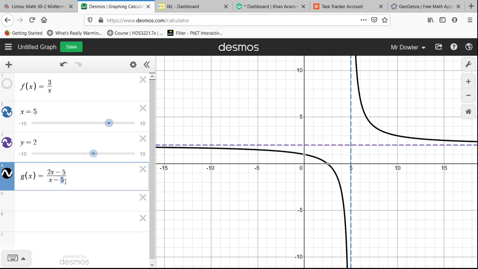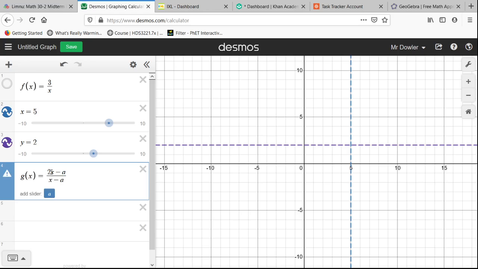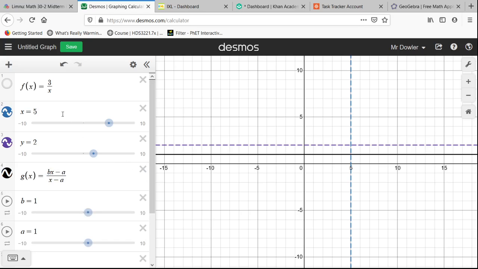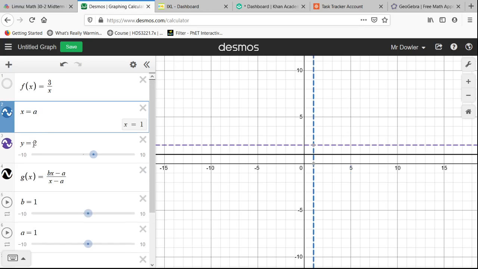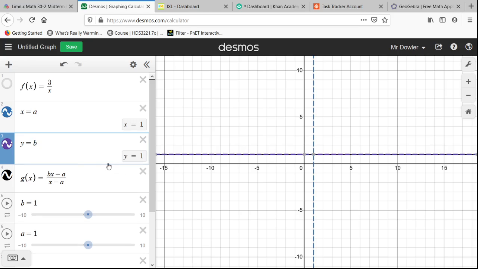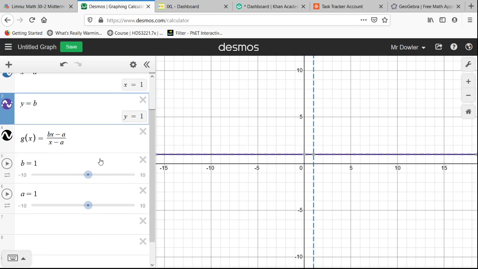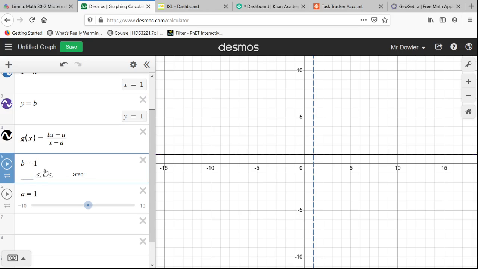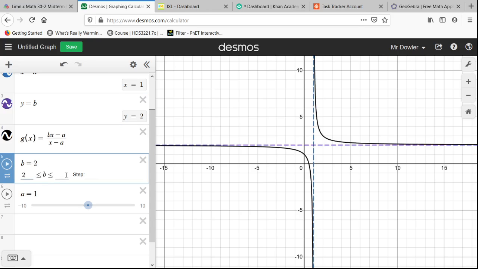So let's say we have A's and B's. We'll add sliders. X is at A and Y is at B. So we'll keep A there, but we'll change B. Let's make B go from 2 to 8 in steps of 1.